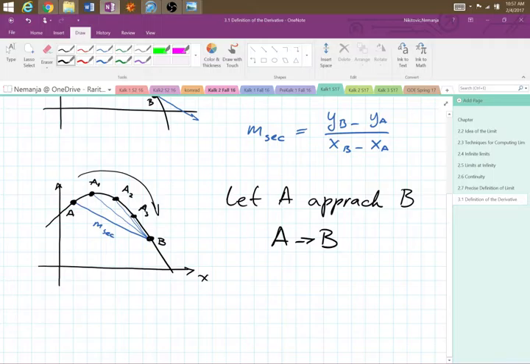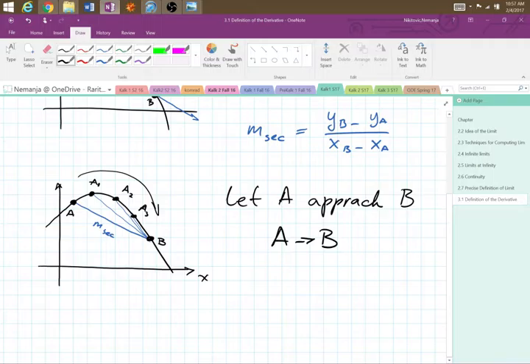There are infinitely many of them because there are infinitely many points in between A and B. But we have an issue at one point. We have an issue when A gets to B, when they become the same point.